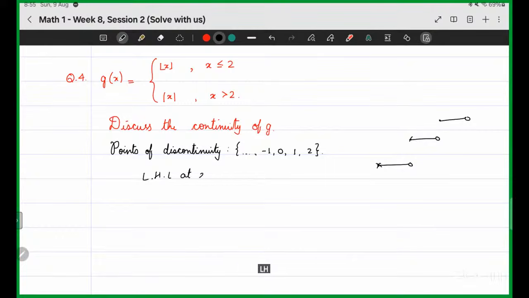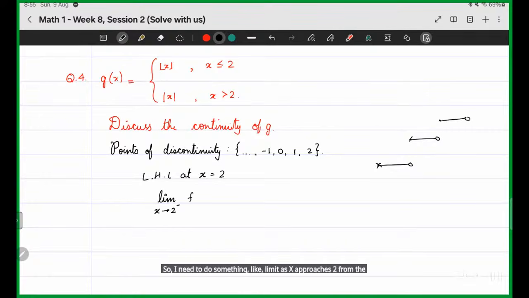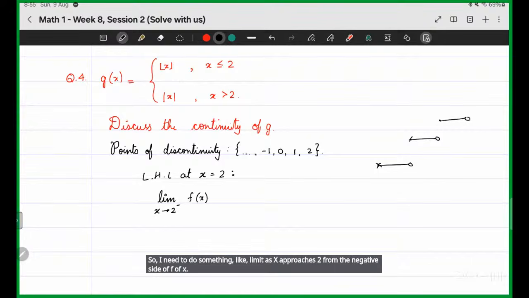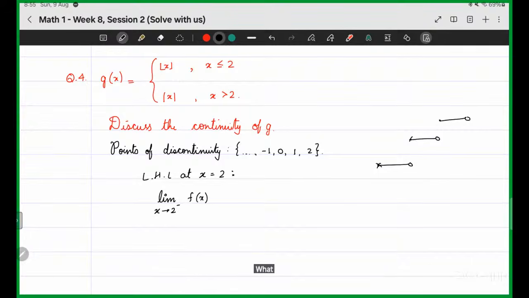LHL at x equal to 2. So I need to do something like the limit as x approaches 2 from the negative side of f of x, right? What is the nature of the function? It is floor of x.